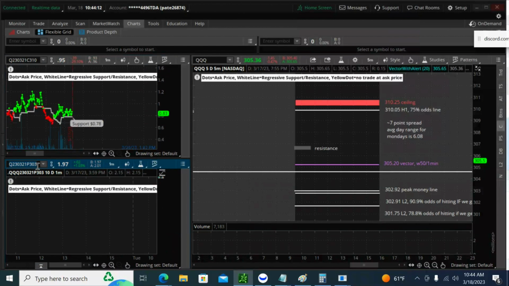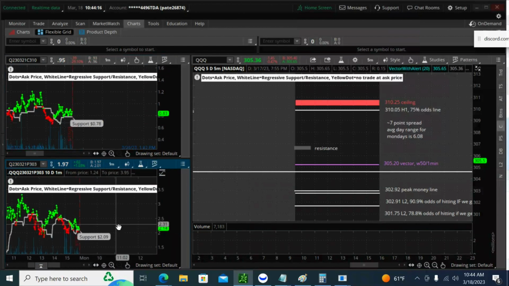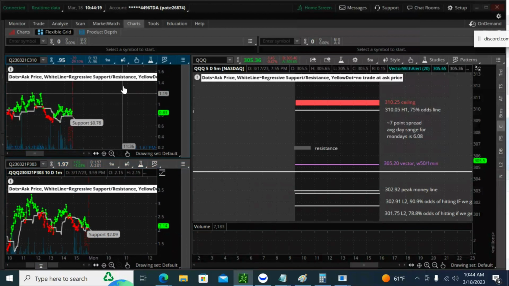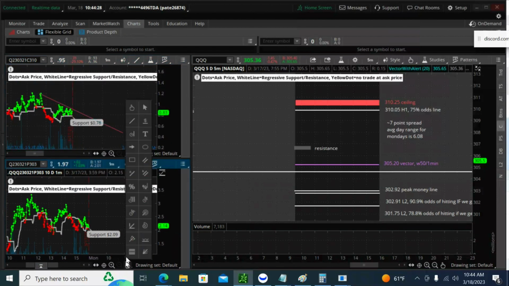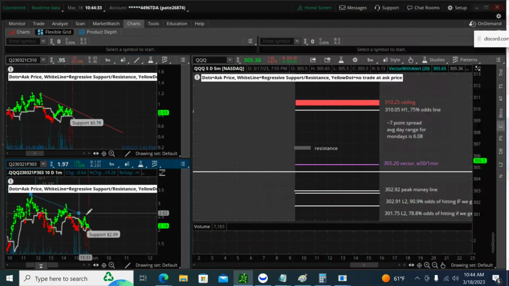You can already see in here that we don't take any action on Monday yet, because we're below the trend line.